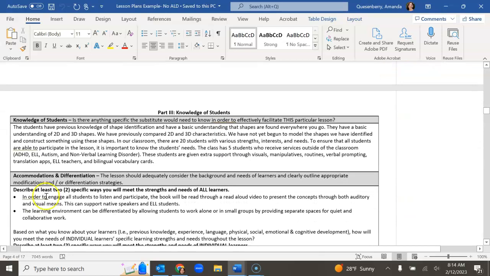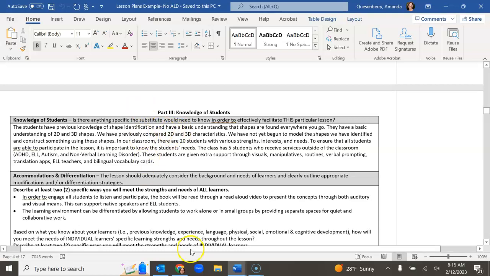Right? The next section is knowledge of your students. Okay, so remember, this is for a fake classroom. So I know this can be sometimes confusing because you're like, wait, I don't know what my students know because I'm making this up for a group of students that doesn't exist, right?